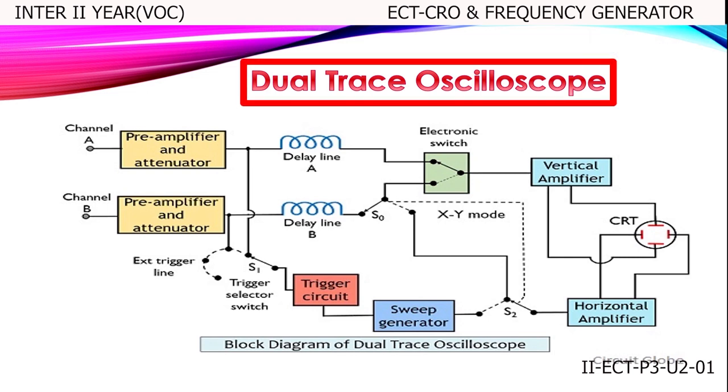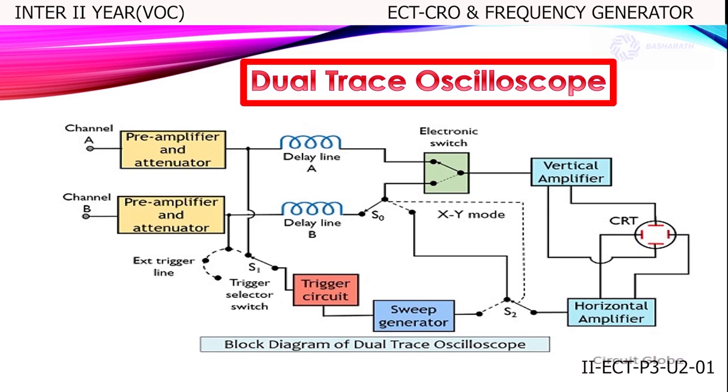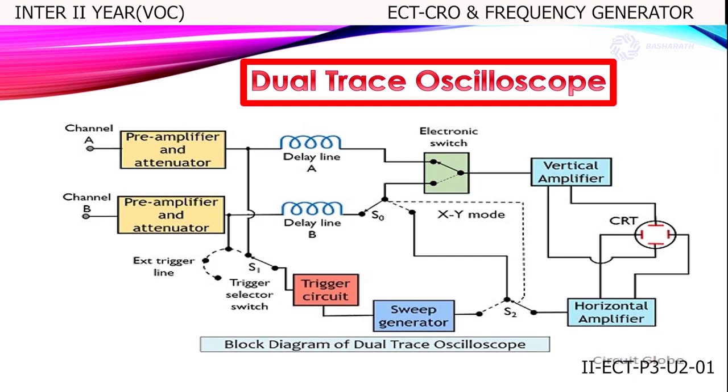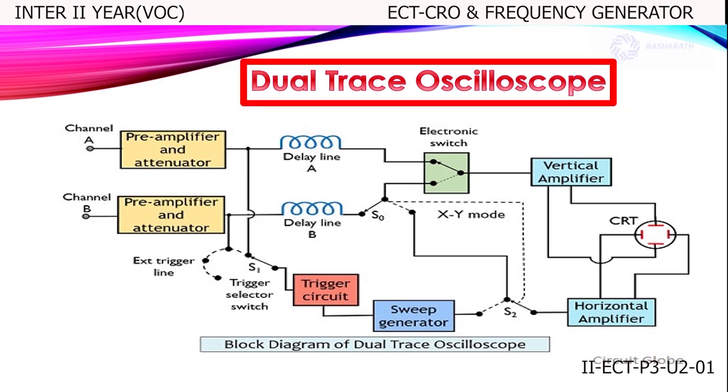The outputs of the two separate preamplifier and attenuator stages are then provided to the electronic switch. This switch only passes a single channel input, particularly at a time, to the vertical amplifier.